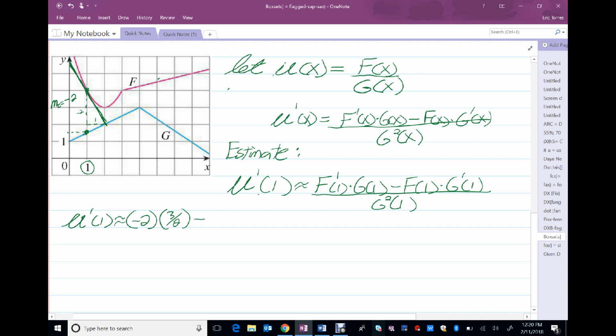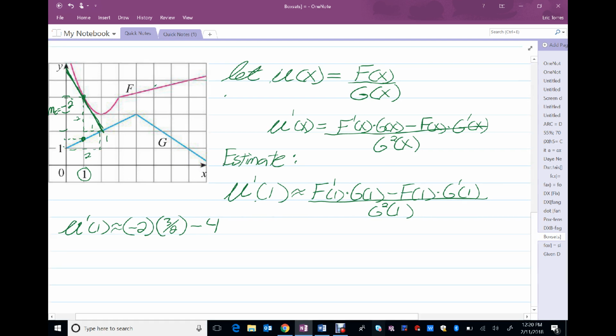Minus f of 1, that's 4, is my output, times g prime of 1. This slope here, it's a straight line, so I just need to calculate a rise over run. It appears the slope of that line, which is the piece of g, is 1/2.